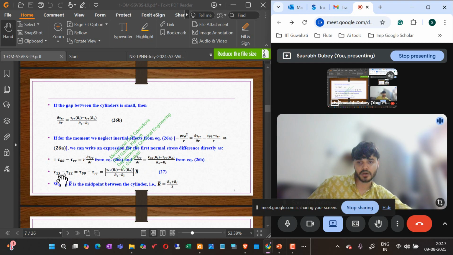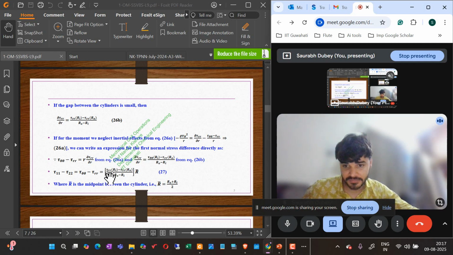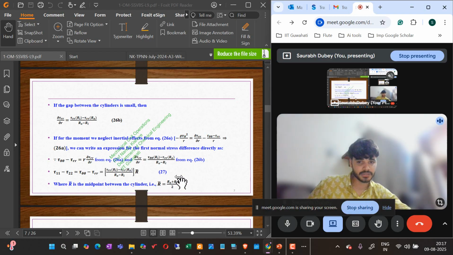So now this, which is the first normal stress difference, tau 11 minus tau 22, can be written as tau theta theta minus tau RR, and this comes out like this. And tau RR at Ri minus tau RR at R0 divided by R0 by Ri multiplied by R bar can be measured, where R bar is the midpoint, R0 plus Ri divided by 2.